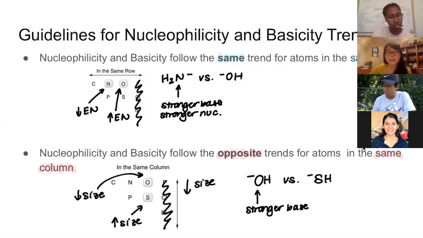But because S is larger, it's going to be a better nucleophile because it's more polarizable than the smaller atoms. So this is going to be a stronger nucleophile. Does that make sense?